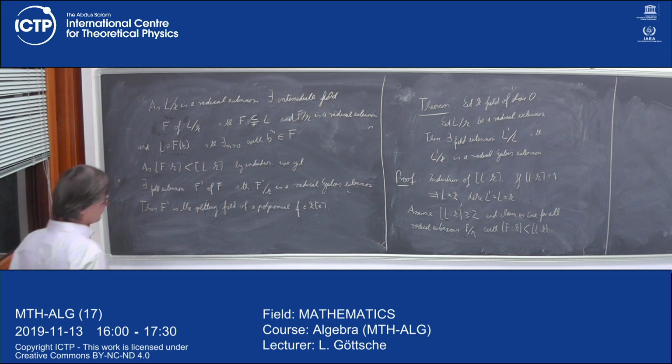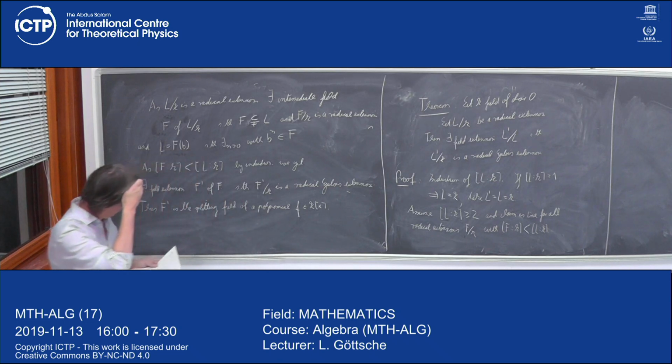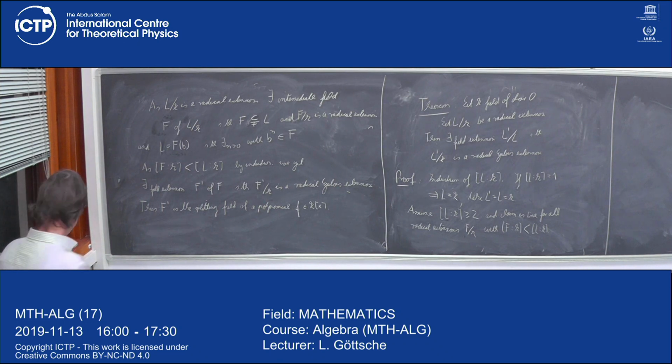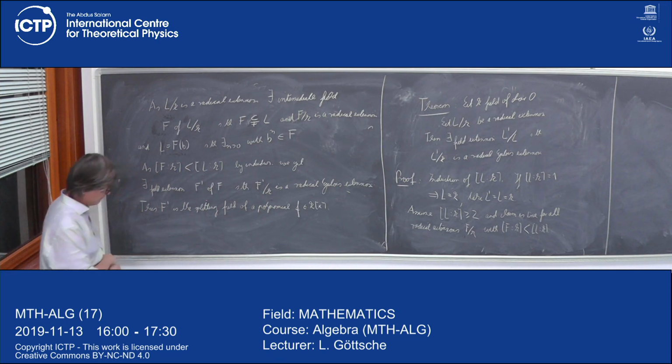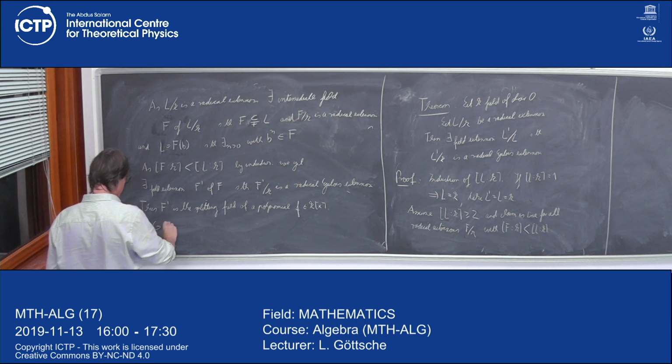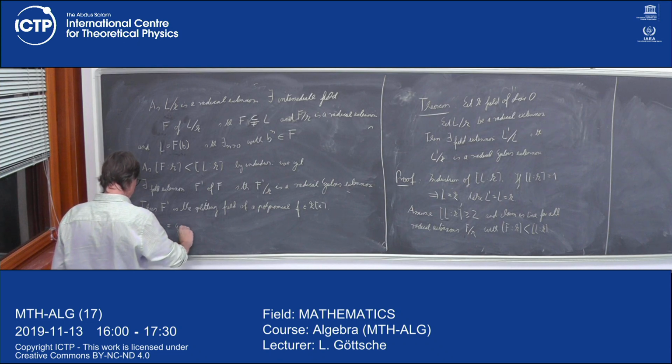So we have to remember this polynomial F. And now we do a construction similar to what we did in the proof of the fundamental theorem of Galois theory. We take G to be the Galois group of f prime over K.